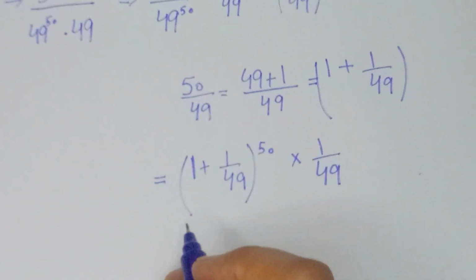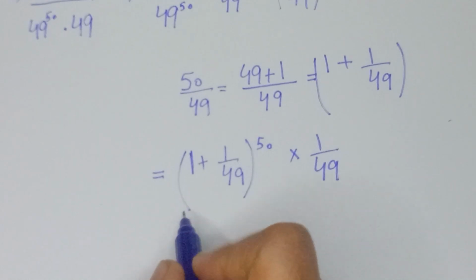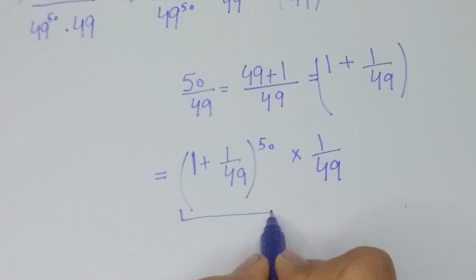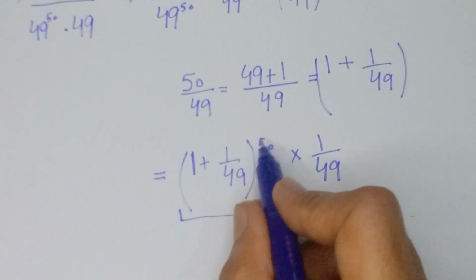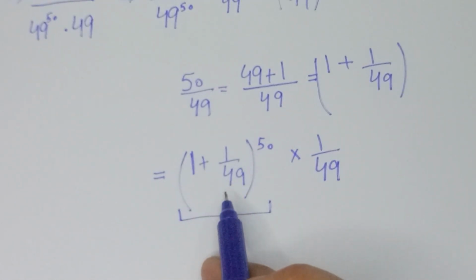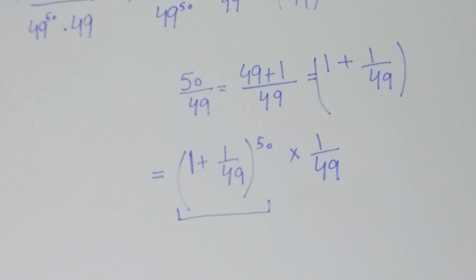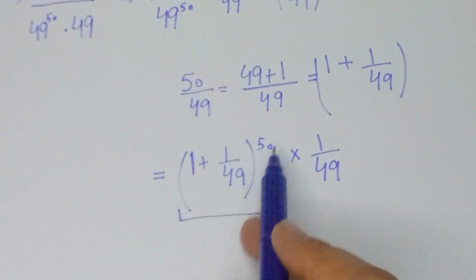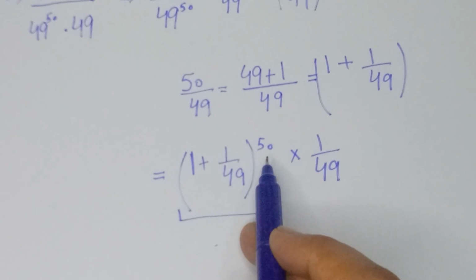Now let me explain this to you. We have a problem here. What's the problem? The base and the exponent. The base is really complicated, and similarly the exponent also has a problem. What is the problem?